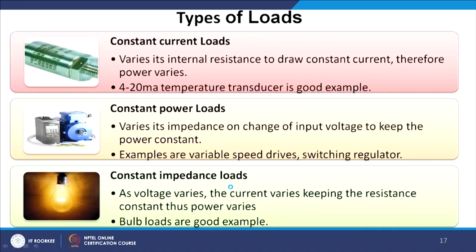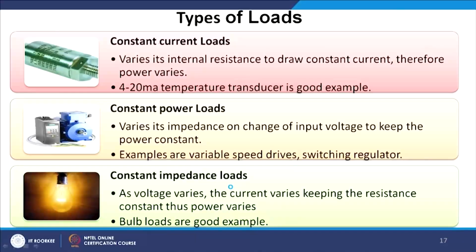Now, the commonly seen loads in any system are either of constant current type, constant power type or constant impedance type. Very quickly, because we cannot ignore the different types of loads, because my smart grid is of DC type, I have to respect and accommodate all the types of loads that are commonly used day to day.